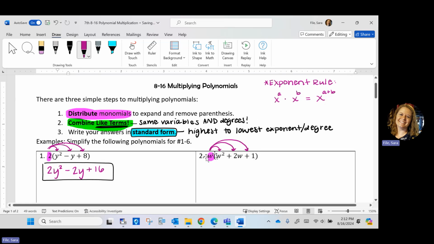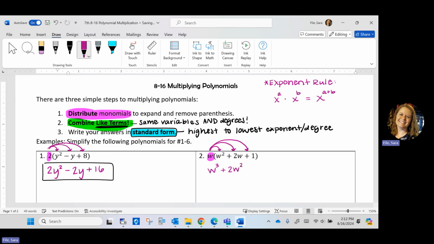So if I do w times w squared, this w with no exponent written has an understood exponent of what? 1. So this is a 1 exponent and this is a 2, and those added together make 3. So w times w squared is w cubed. And then w times 2w would be 2w squared.